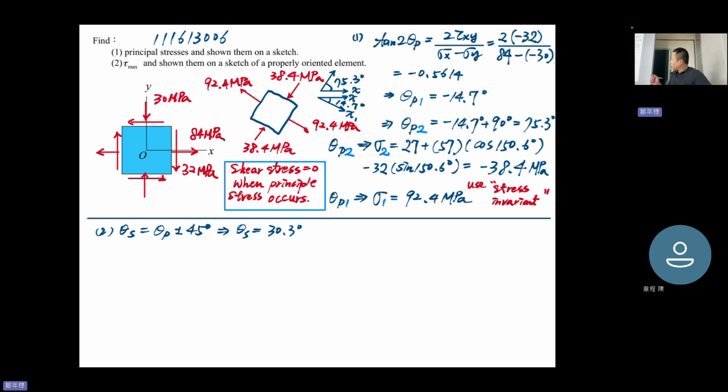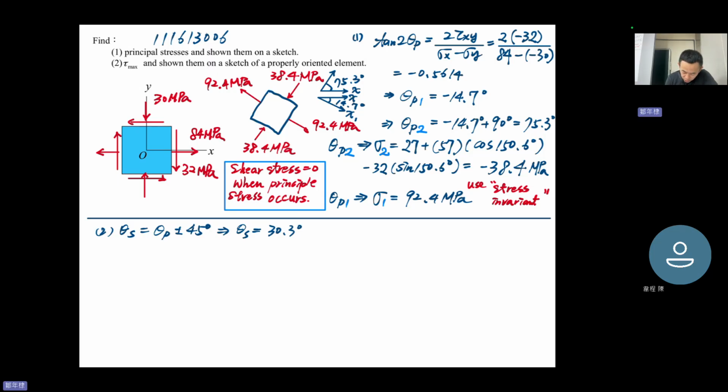All right. So after we obtain theta p, we can plus 45 or minus 45. So I use minus 14.7 and plus 45 equal to 30.3.